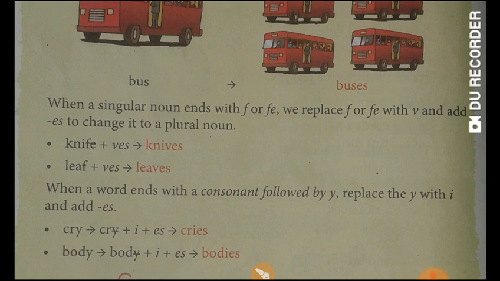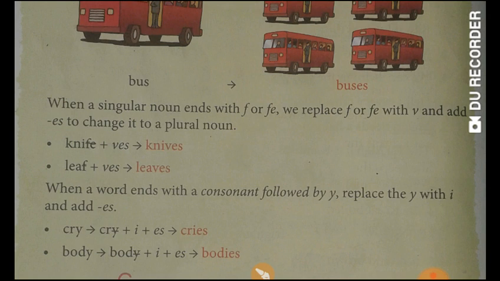Here the last two letters are fe, so we add ves to make its plural. So it will be knives. Again, leaf, the last letter here is f, so we add ves to make its plural, so it will be leaves, which is a plural noun.